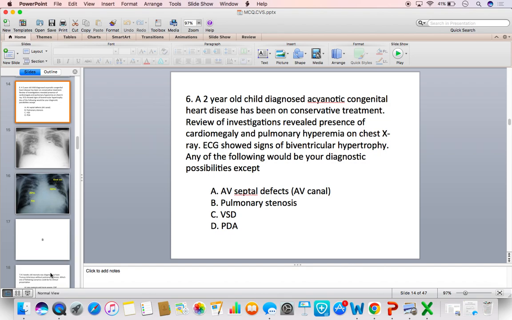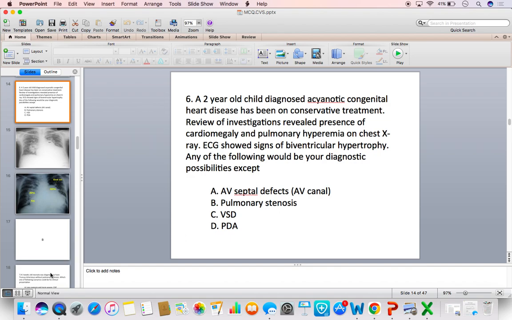X-ray showing pulmonary hyperemia indicates volume overloading of the pulmonary circulation. Volume overloading of the pulmonary circulation occurs with left to right shunts. Right? So it could be VSD, it could be PDA, it could be AV septal defects, but cannot be pulmonary stenosis.